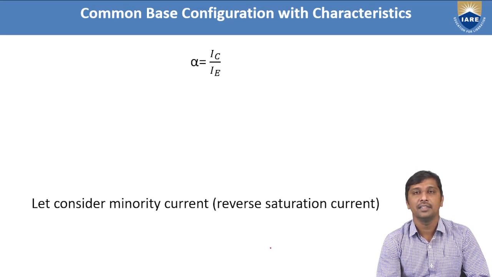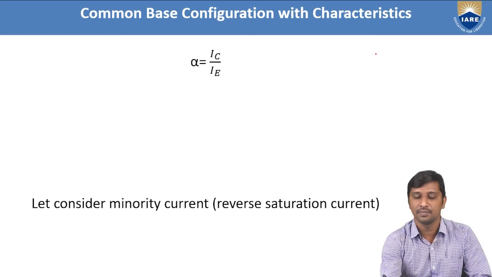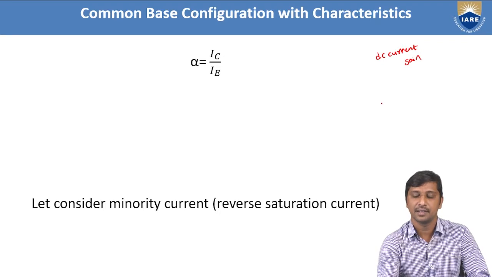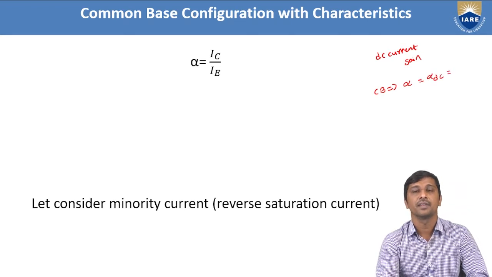We need to define a current gain parameter, which is represented as the DC current gain in this BJT. Since we have three different configurations, for each configuration we need to identify the current gain of that particular transistor. In the common base configuration, that DC current gain is represented as alpha, or alpha DC.